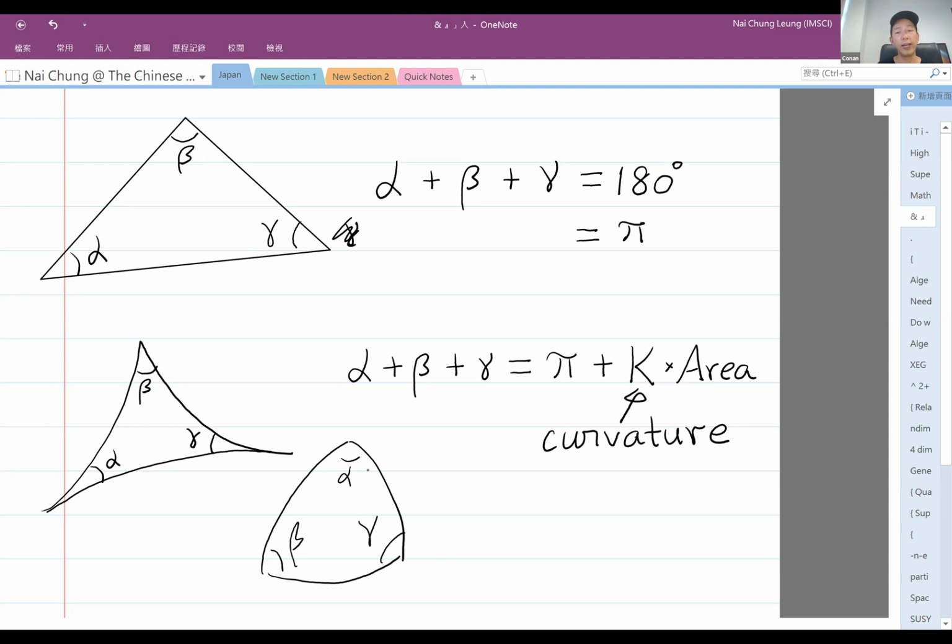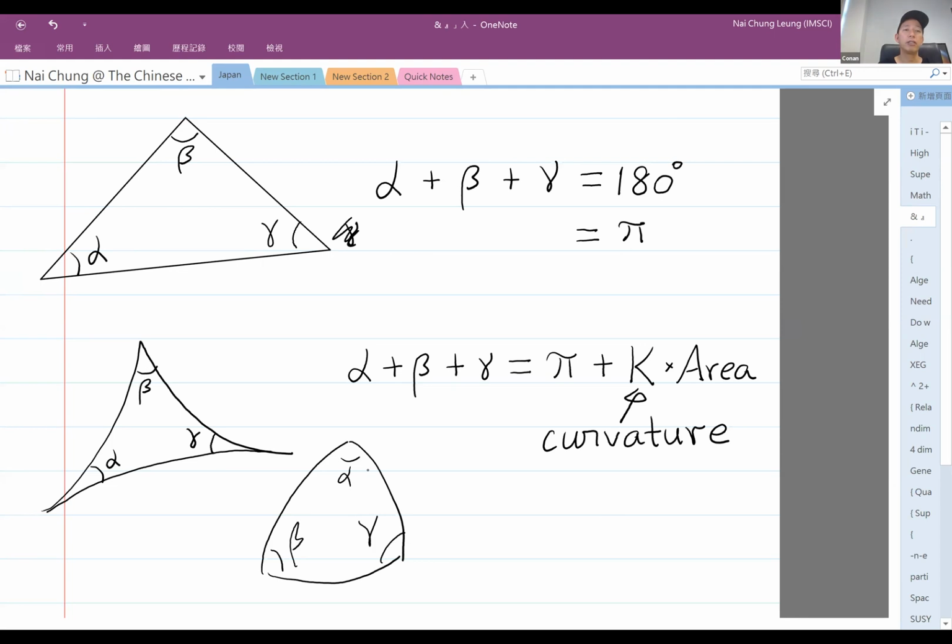Here k is the curvature. For example, on a plane the curvature is 0. It's just flat, so whatever curvature means, it should mean that if it is flat there's no curvature, and the sum is just pi. However, the curvature on a ball will always be positive.